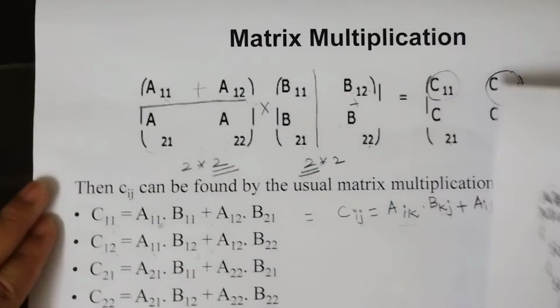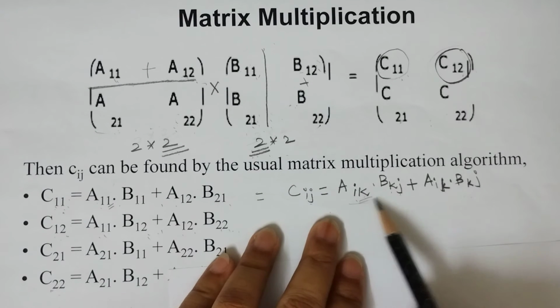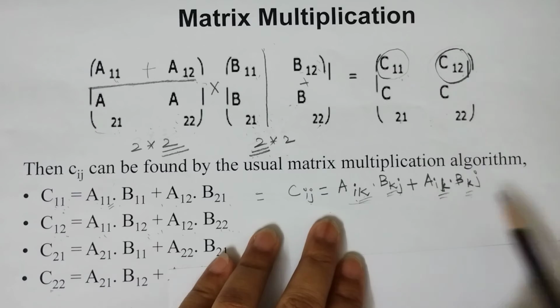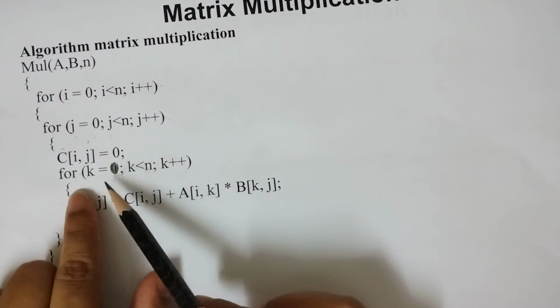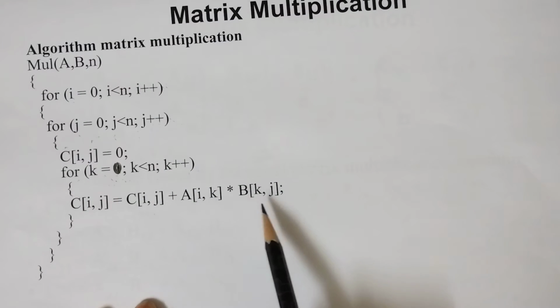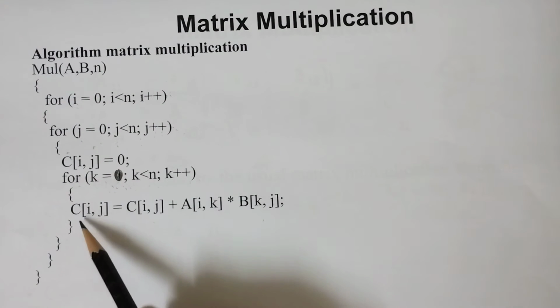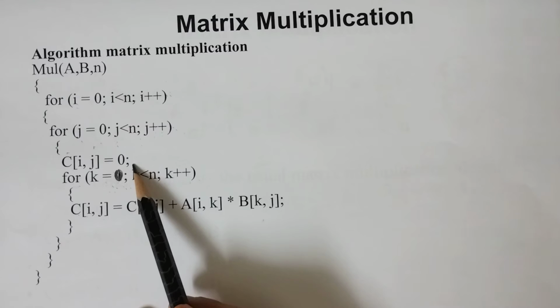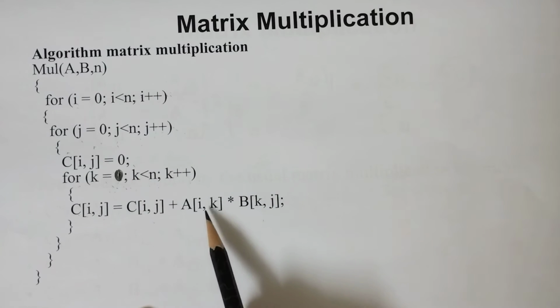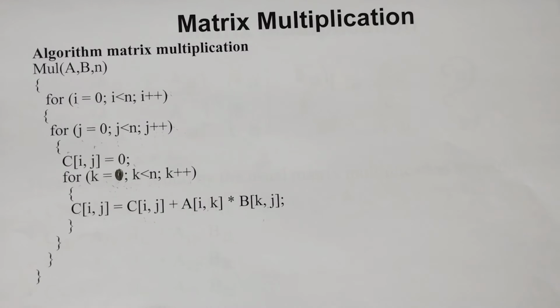As I have mentioned, whenever you are performing the operation you are using an intermediate value for multiplication. So for that reason I have used one more for loop with the variable k. Okay, and this is the formula for finding the matrix multiplication. Initially you are taking C of i comma j as 0. Then you perform the multiplication and add it to the corresponding Cij value, right?